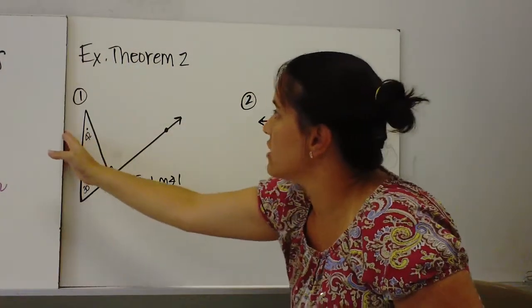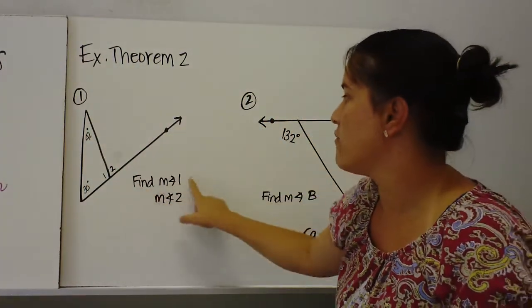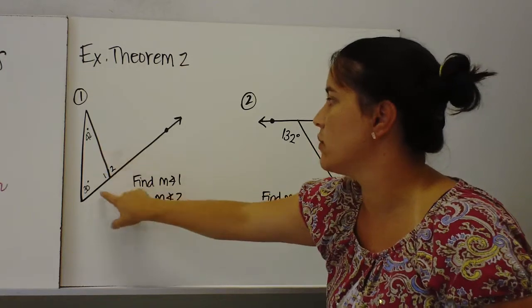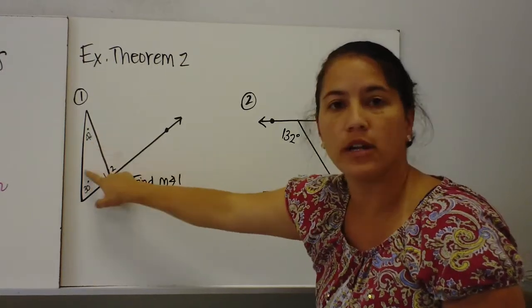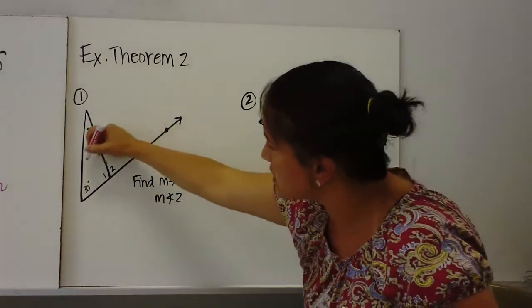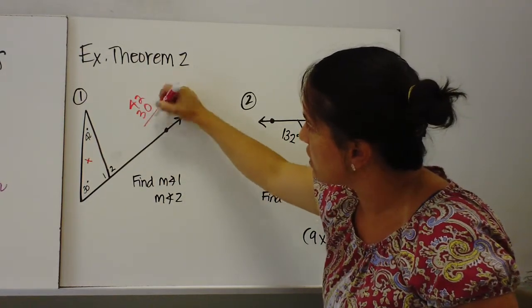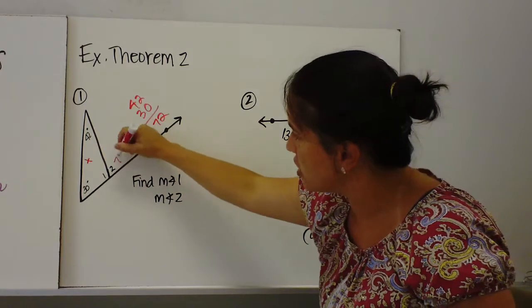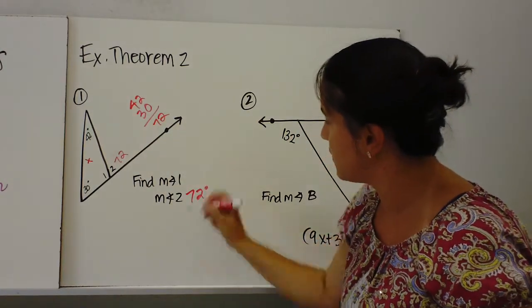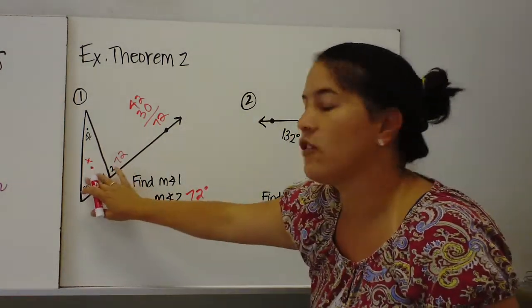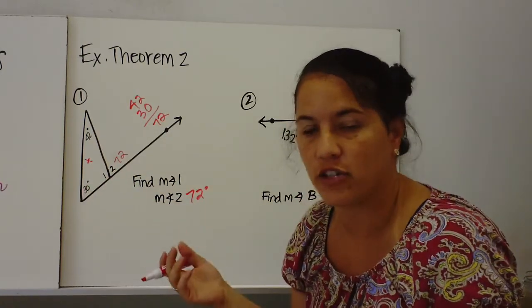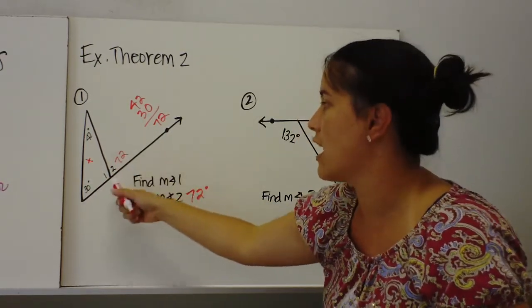Alright, so here's an example of theorem 2. We have the measure of angle 1 and the measure of angle 2. So we have 2 remote interior angles, and if you add these together, 42 plus 30 is going to give you 72. So the measure of angle 2 is 72 degrees. And now they're asking you for the measure of angle 1. You have a couple of ways you can do this. We know that it's going to make 180.